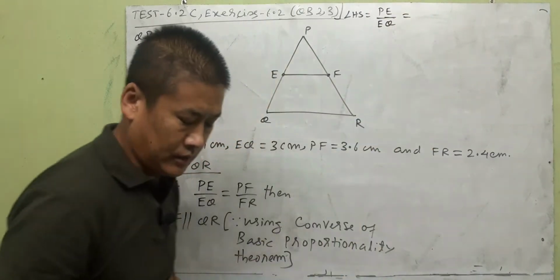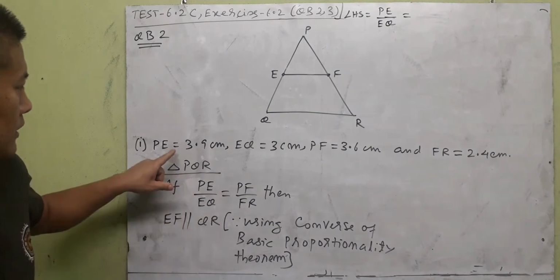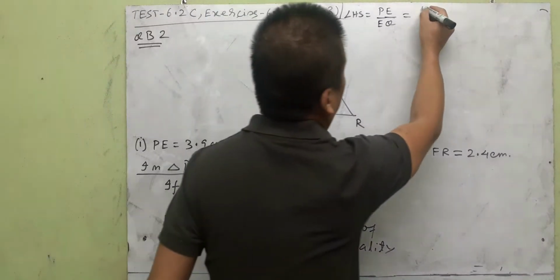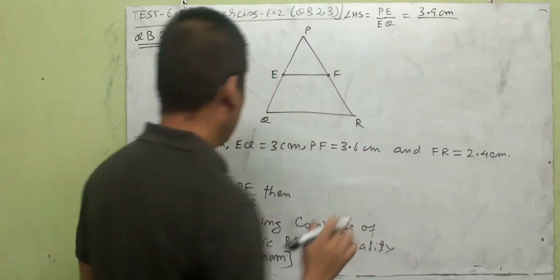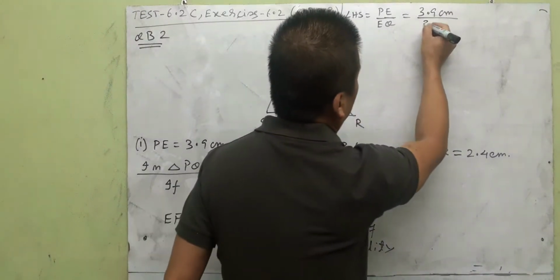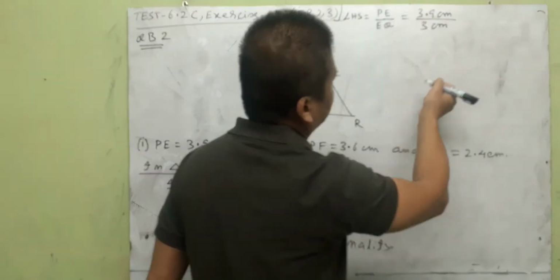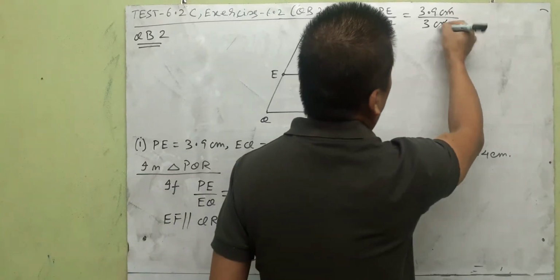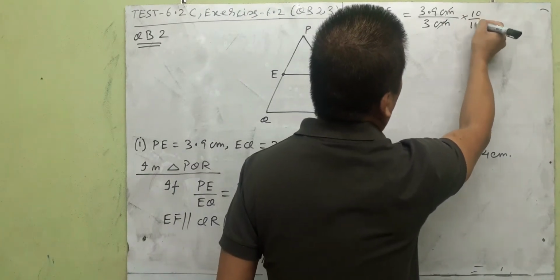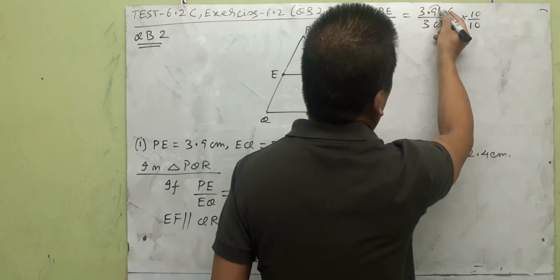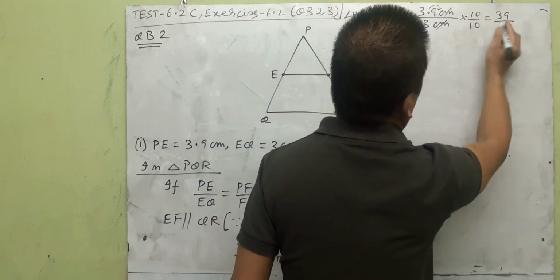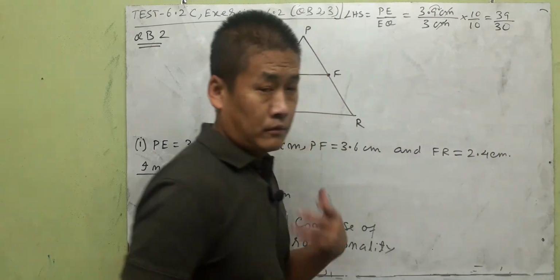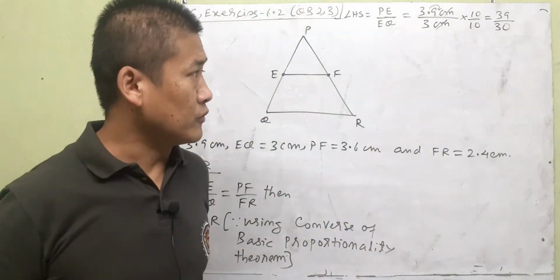PE is given as 3.9, so we write 3.9 centimeter by EQ, which is given as 3. Then centimeter cancel, and let us remove the decimal by multiplying by 10 to remove this one place. Then it will become 39, and 3 tens are 30, so that we don't have decimals. This is one good way of doing it.